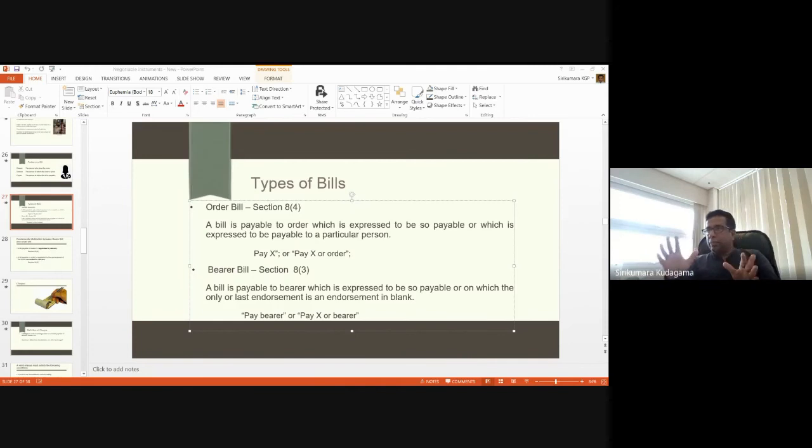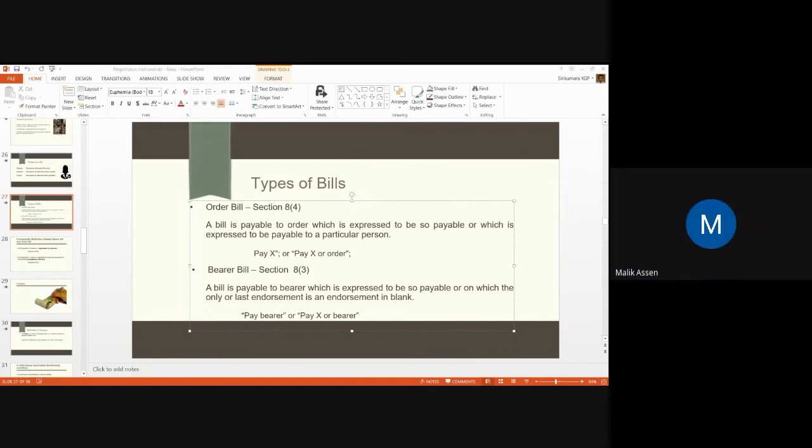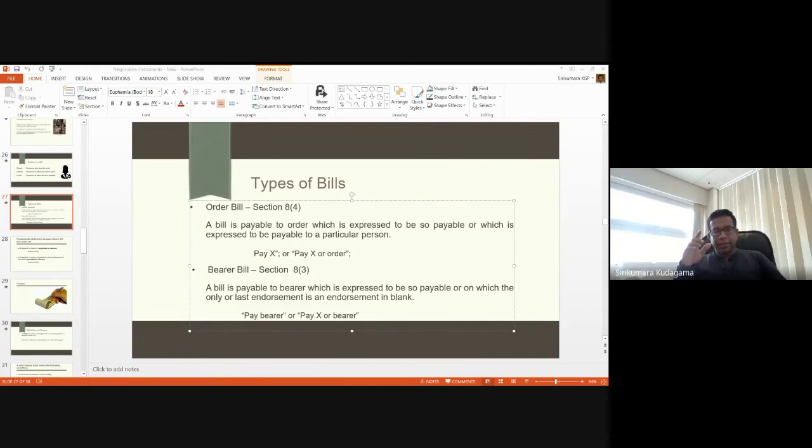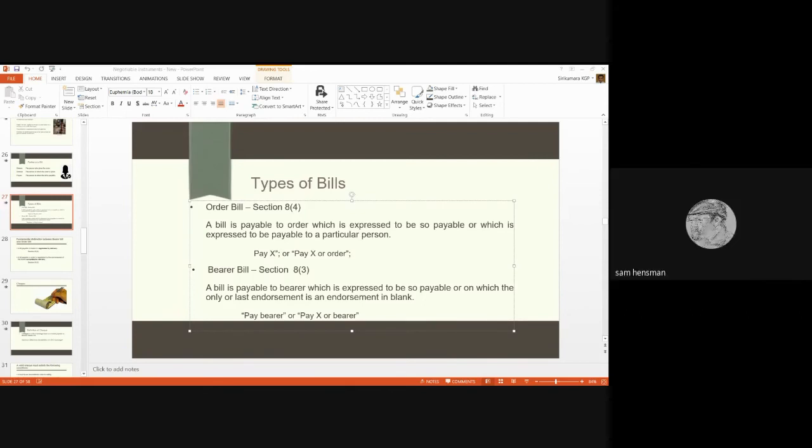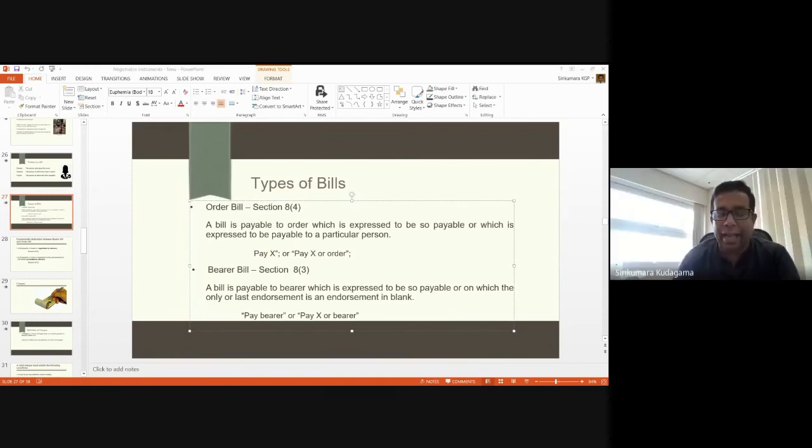What is the nature of the bill now? Is it an order bill or a bearer bill? Now, why do we call it an order bill? I have specified the person. It's still an order bill because it has been specifically endorsed to Y. Exactly.